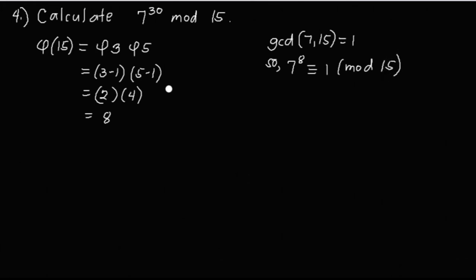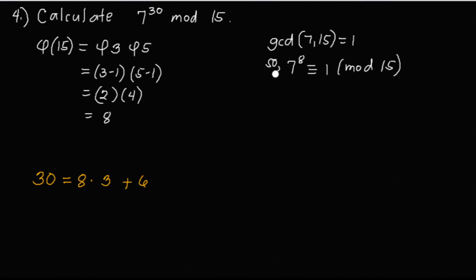Now, again, we can do the division algorithm, kasi 30, 'di ba? 30 yung given natin. So, if we divide 30 by 8, 3 point something yon. So, that will give us 8 times 3. And then yung decimal part again, i-multiply nyo sa 8. Ang magiging sagot nun ay 6. Okay? So, 30 is equal to 8 times 3 plus 6.